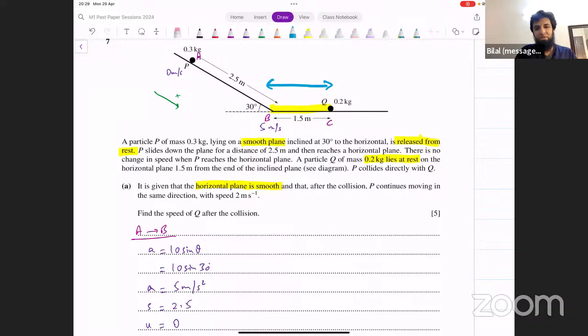If the resultant force is 0, that means acceleration is also 0, right? Resultant force equals mass into acceleration. Forward force minus backward force equals mass into acceleration. If this is 0, that means acceleration is also 0. So from B to C, there is no change in velocity. It's a smooth surface. Whatever the speed of the particle was at the point B, it remains the same. It does not change.